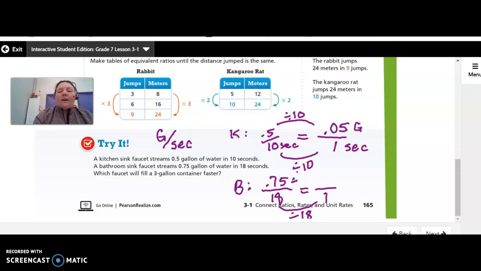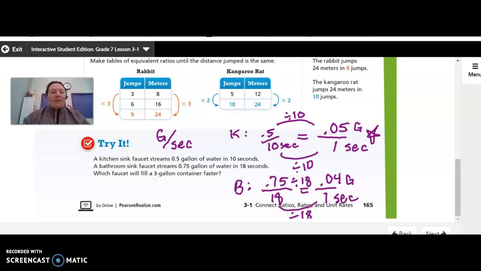So when I divide 0.75 by 18, now that one I don't have a quick memory trick for, so I'm going to use my calculator. 0.75 divided by 18, I get that the bathroom sink fills 0.04 gallons every second. So in 1 second, my kitchen sink fills faster, which means that the kitchen sink will fill a 3-gallon container faster as well.